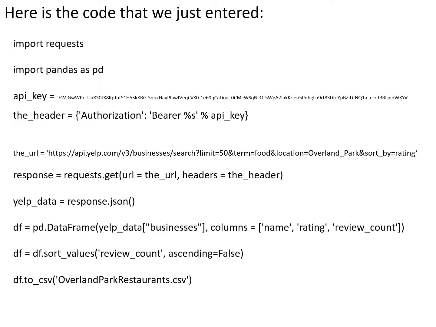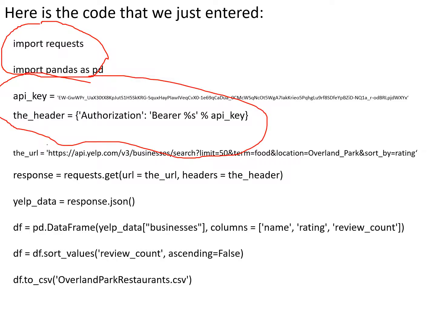So here's all of the code together on one slide. First of all, you see that we imported the libraries. We set up the header, put the API key into the header, set up the URL, and then put the header and URL together inside this command that makes the request. We called it response.